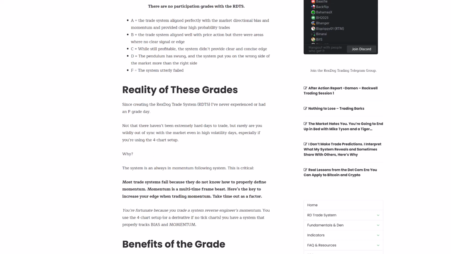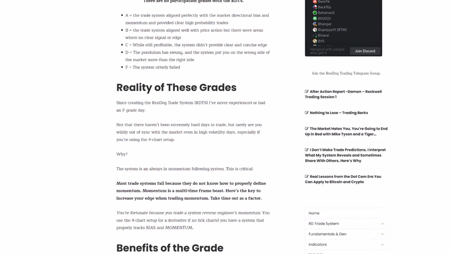Now you're fortunate because you trade a system that reverse engineers momentum. You use the 4-chart setup or a derivative if we have no tick charts. So you have a system that properly tracks bias and momentum, and it takes time out as a factor. Once you really understand how big that is, you'll see why it provides you with a tremendous edge.